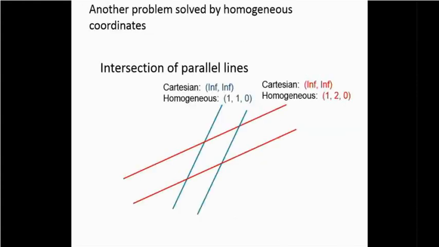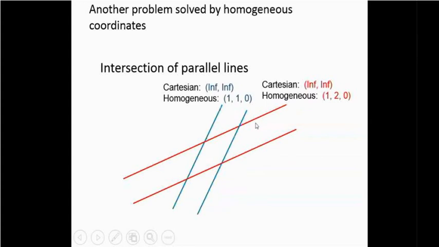We can also, in homogeneous coordinates, represent points at infinity. If I try to represent the intersection of these 2 blue lines in Cartesian coordinates, I would just have to say it intersects at infinity, and I can't really say anything else. The red lines also intersect at infinity. But in homogeneous coordinates, the blue lines intersect at 1, 1, 0, so they have a direction of 1, 1, and it's infinitely far away.